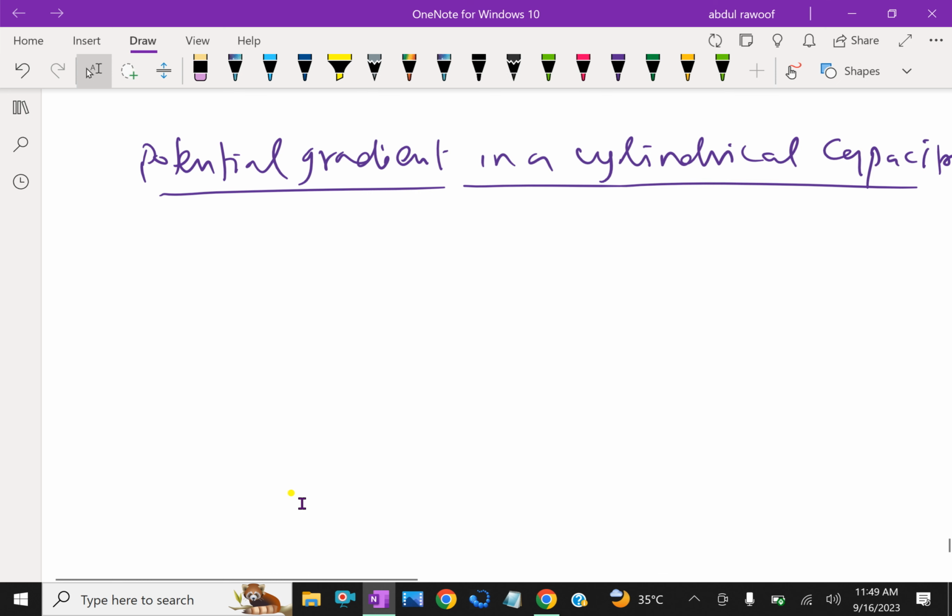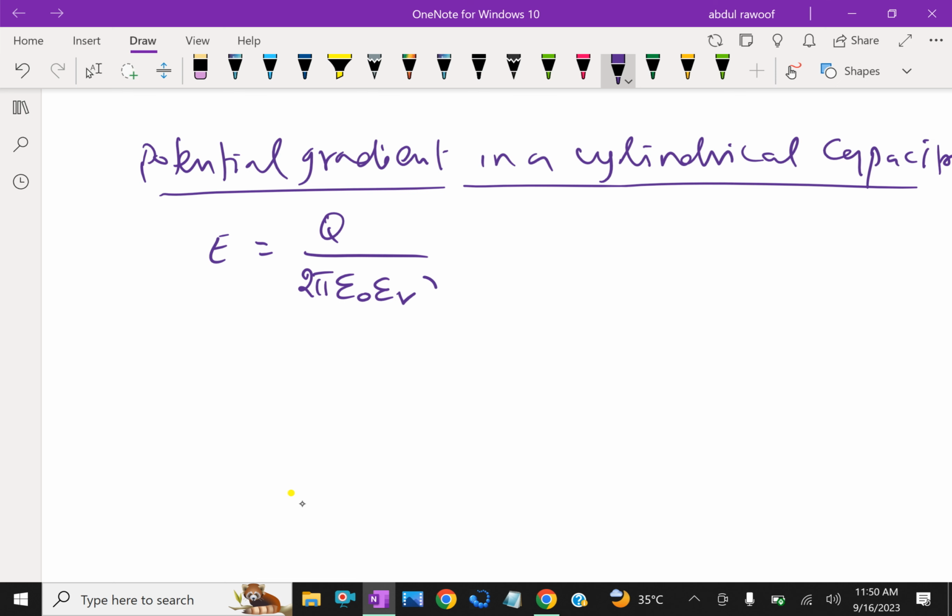We know that E equals Q over 2 pi epsilon 0 epsilon r x volt per meter, where x is the distance from the cylinder axis to the point under consideration.